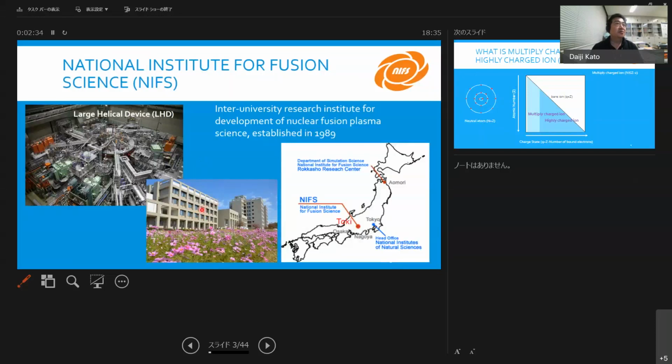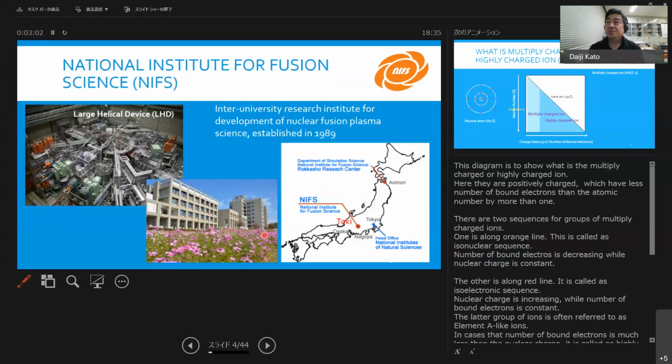Today, I will present two topics. One is electron density dependence of EUV spectra of iron 13, 14, 15, which is related to the diagnostic purpose of solar corona. And the other is about resonance lines of chromium-like tungsten, gold, and bismuth ions, and a summary.